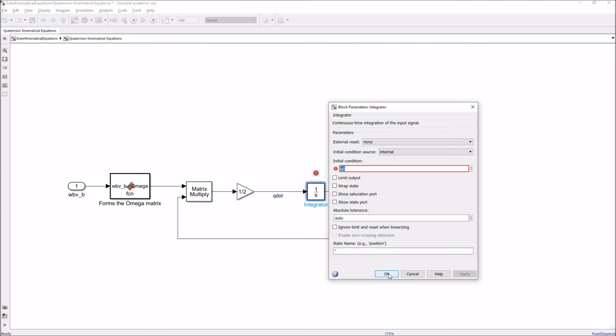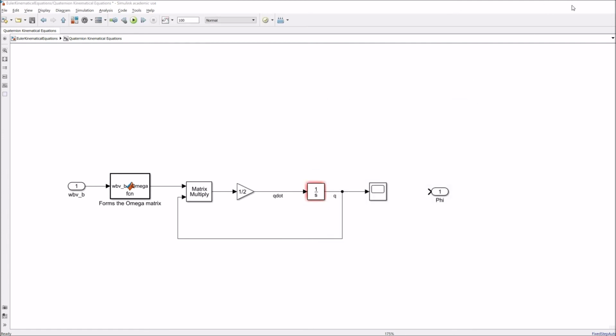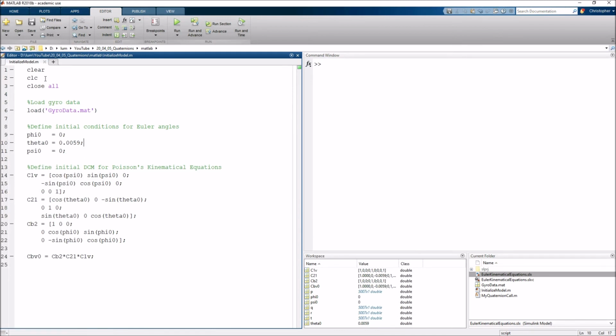So let's go ahead and define that now. I'll move over to MATLAB. Here's the script that we had defined earlier, which defined the initial Euler angles for Euler's kinematical equations. We then turned that into an initial DCM for Poisson's kinematical equations. So let's do a similar thing and define an initial quaternion for the quaternion kinematical equations.